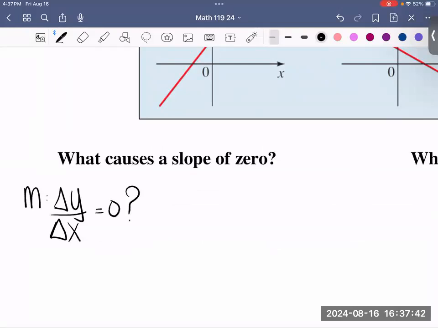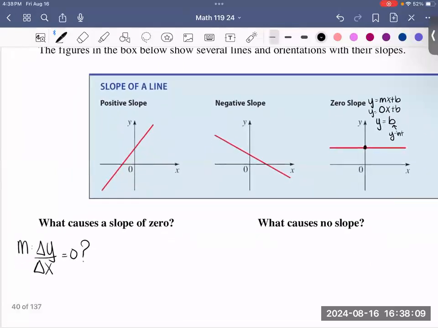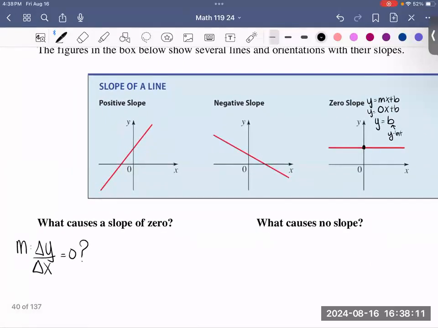Well, if our structure was y is equal to mx plus b, and we have your slope to be 0, then y equals 0x plus b, so then y is equal to what? Well, y is equal to b. What does b stand for? It's your y-intercept.